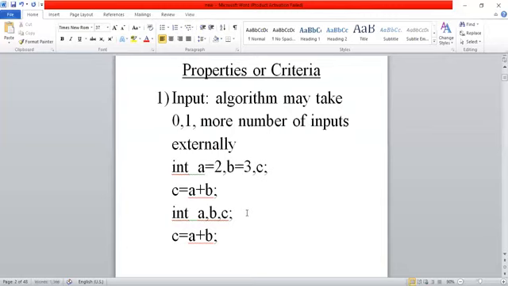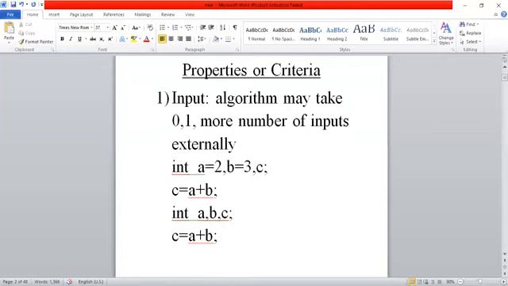Two elements: the A value and the B value. But during compilation time, the compiler cannot know the A and B values. The compiler's job at compilation is simply allocating memory to A, B and C. During running time, the user makes the A and B values available. So here the user is supposed to enter two elements. This is regarding input.